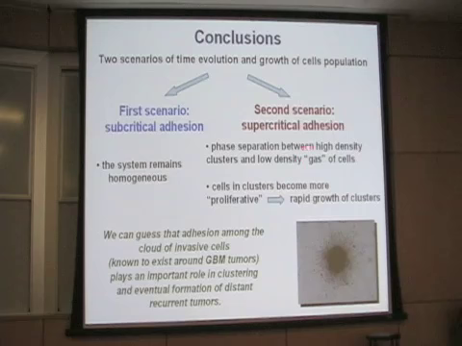However, if the adhesion is above some critical value, there is phase separation between high density clusters and low density individual cells. And on top of this, once those small cell clusters are formed by adhesion, cells in those clusters start switching their phenotype and may start proliferating more, which leads to a rapid growth of the cluster.